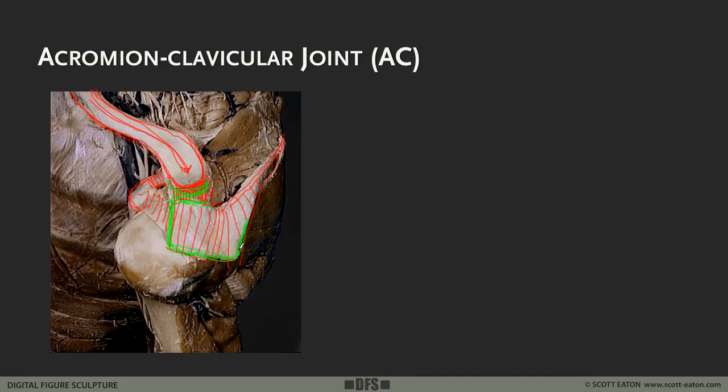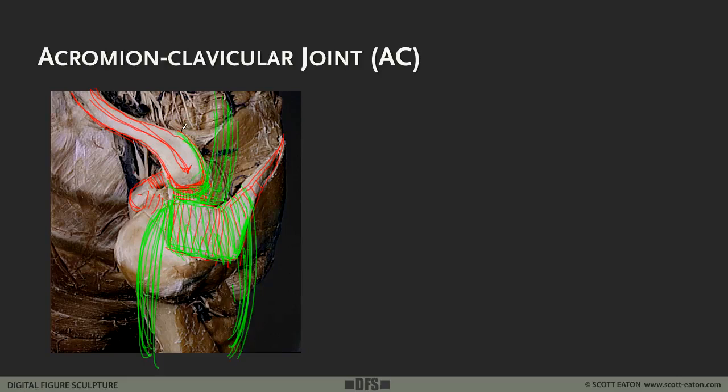Right? You'll see me in this week's working example really being deliberate about defining this shape on the shoulder of the model that I'm working on, because it's very important. As we know, it gives rise to this middle head of the deltoid and trapezius above.